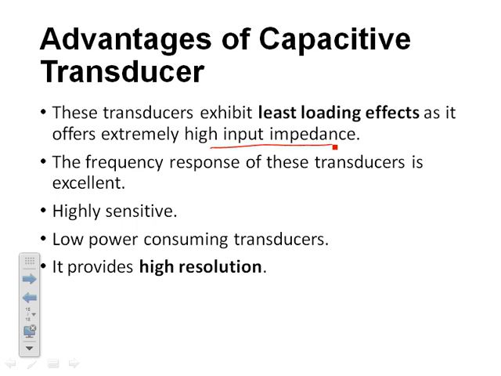The input impedance of the capacitor can be represented by Xc is equal to 1 divided by 2 pi F C. So it is inversely proportional, and it will give high input impedance. The frequency response of this transducer is excellent, and it has high sensitivity, low power consumption, and it provides high resolution. These are some advantages of capacitive transducers.